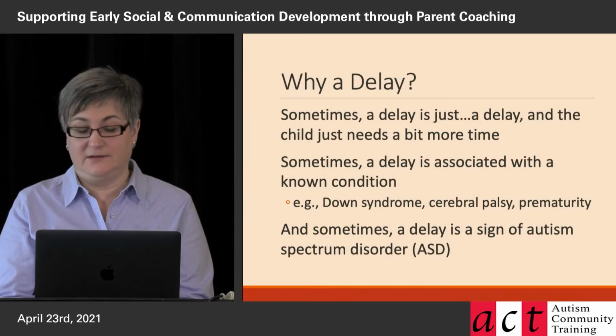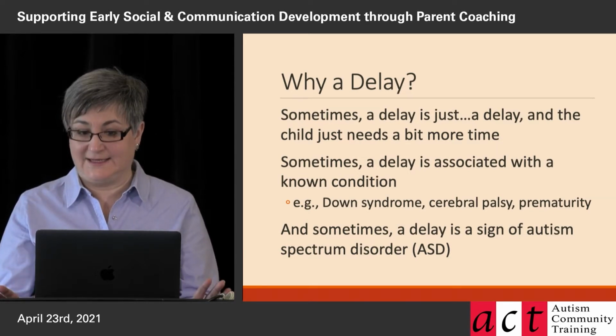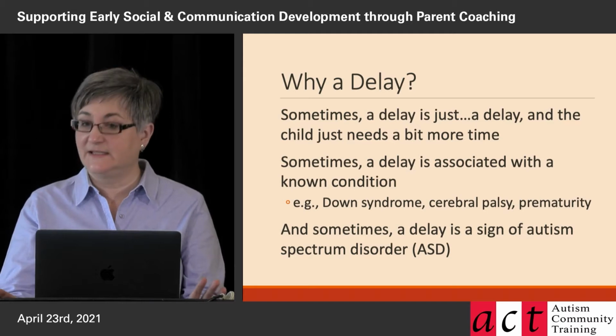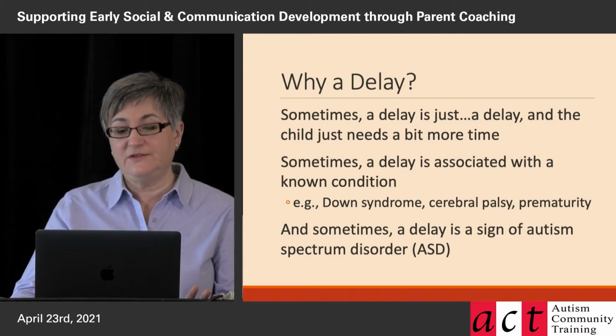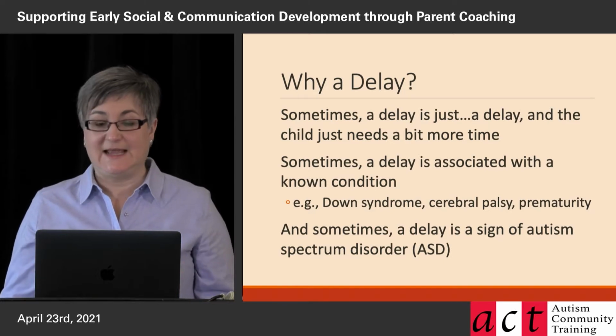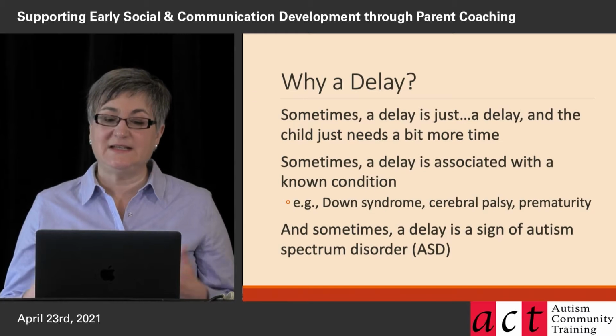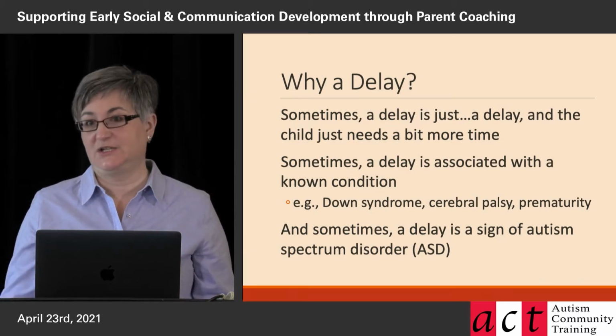So why would there be a delay? Well, sometimes the child just needs a little bit more time. In other circumstances, a social communication delay might be expected to a certain degree because it's associated with a known condition.